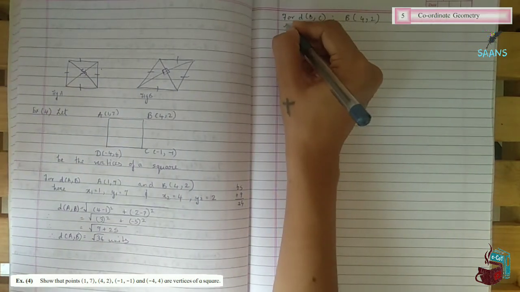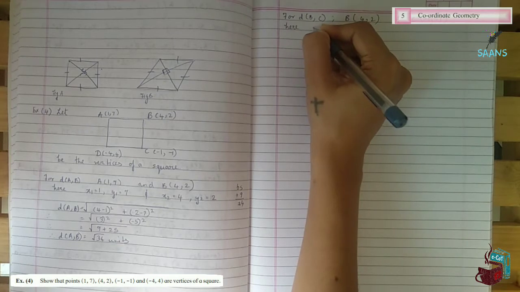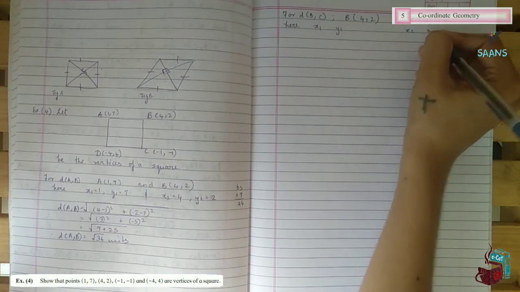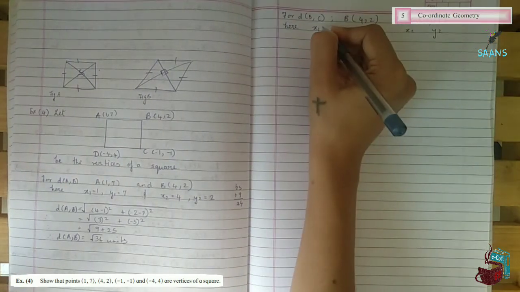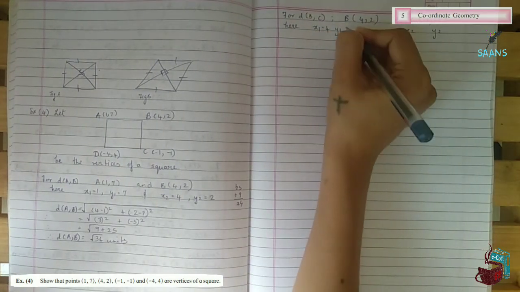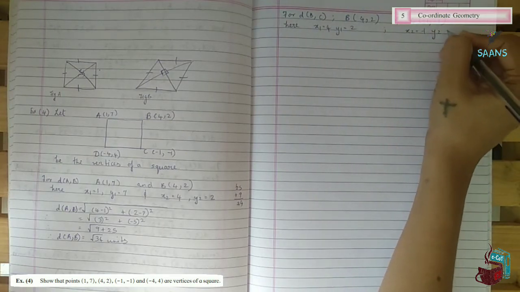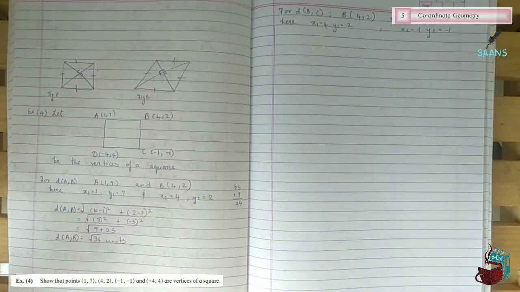Therefore here x1 is 4, y1 is 2 and x2 is minus 1, y2 is minus 1.